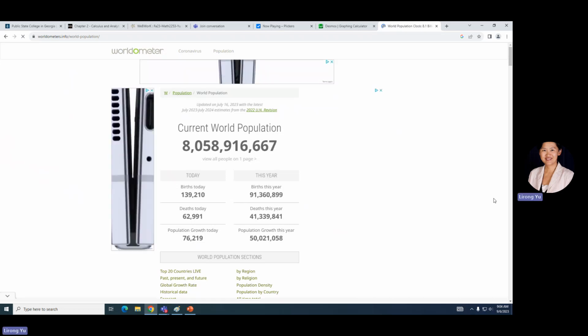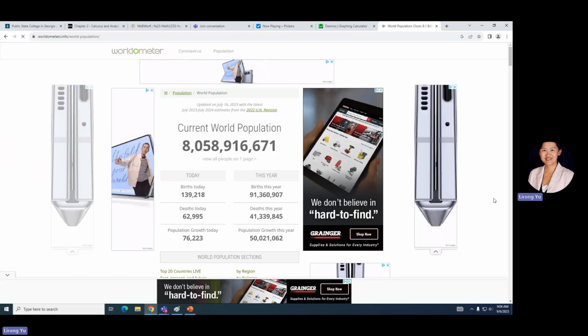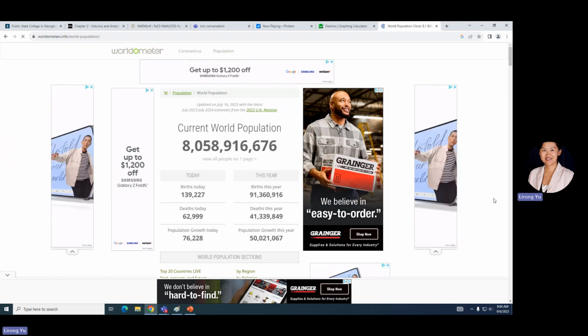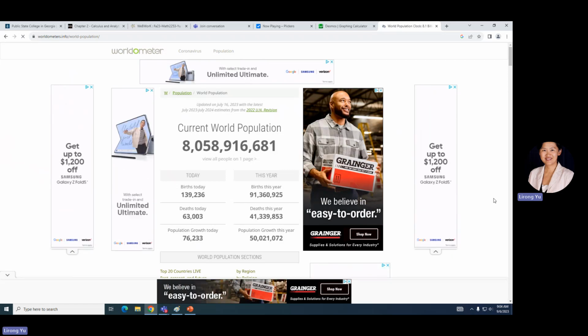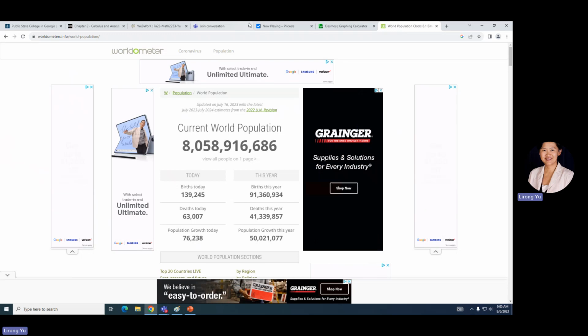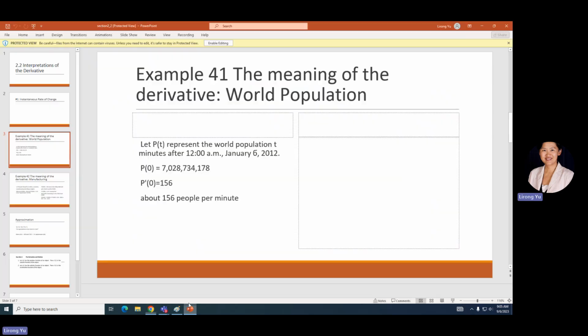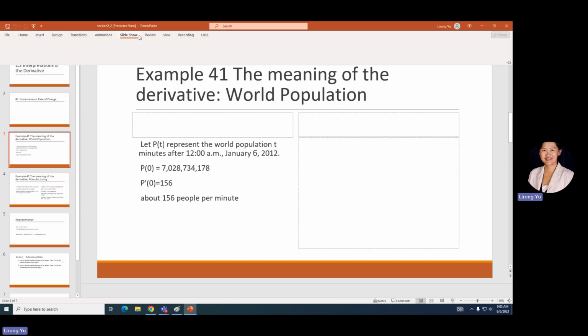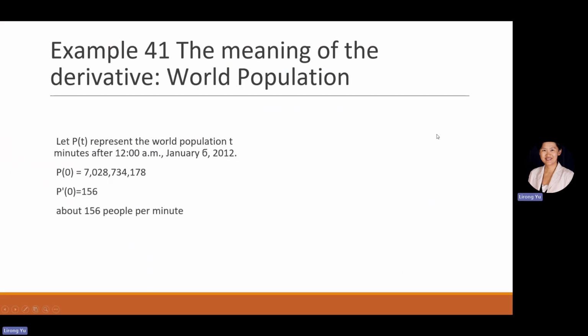Okay, so this is real-time data for world population. You can see every second somewhere in the world. Know that this is a real thing. This is actually real-time data in 2012 when the book was written.